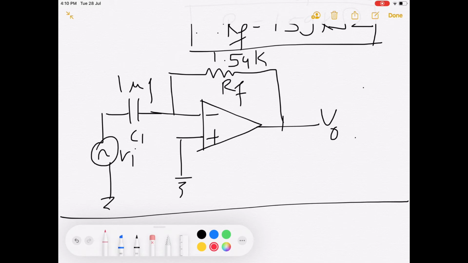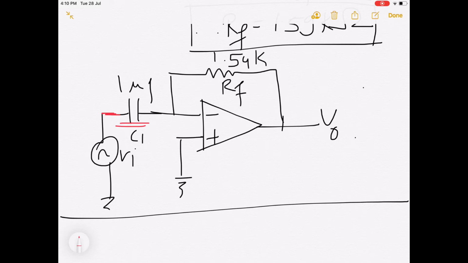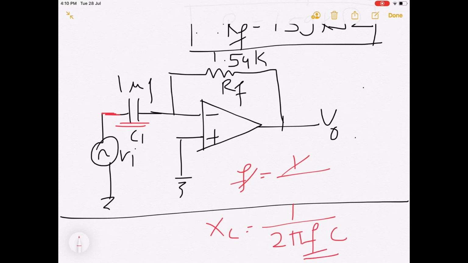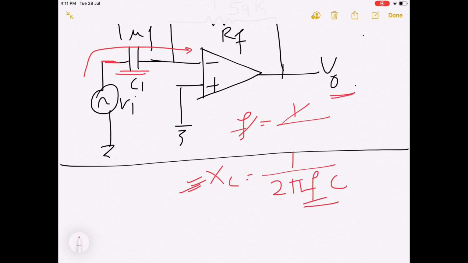What happened? This is the input side, okay, and this capacitor at high frequency F, what is the capacitive reactance? Xc is equal to 1 upon 2 pi Fc. So, at high frequency reactance is low. As reactance is low, very small fluctuations or very small amplitudes will enter this circuit, right, and because of that there will be noise at the output, there will be fluctuations in the output which reduce your signal to noise ratio.